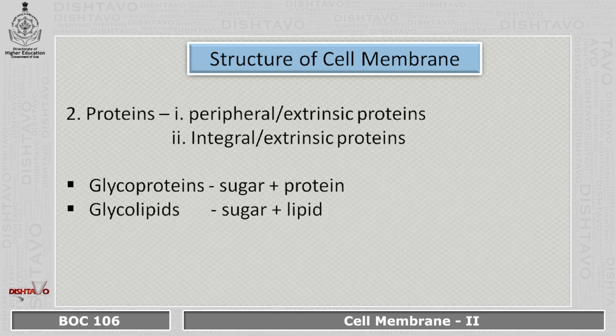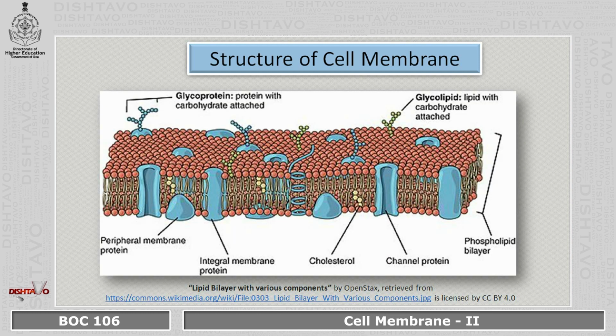The sugars are also attached to the outer surface of some lipids. These lipids with attached sugars are called glycolipids. The carbohydrates found in intrinsic proteins and glycolipids form a sugary covering called the glycocalyx.